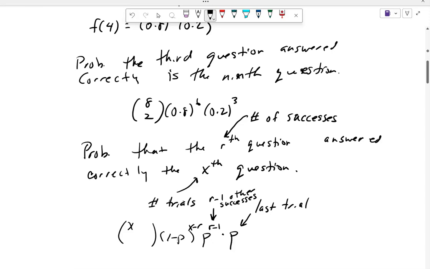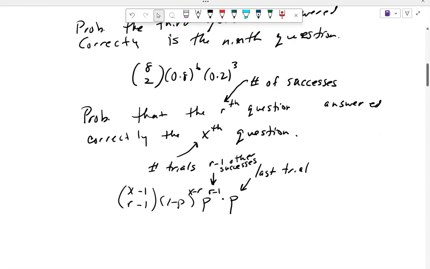Yeah, so X minus 1 choose R minus 1, right? Because there are X minus 1 total trials. So if I write it this way, then this ends up being your PMF. So you get X minus 1 choose R minus 1, 1 minus P to the X minus R, and then P to the R. Right?